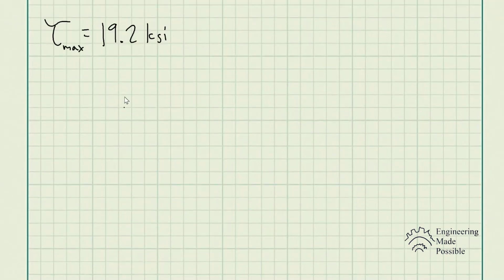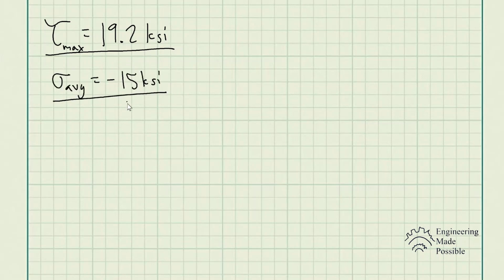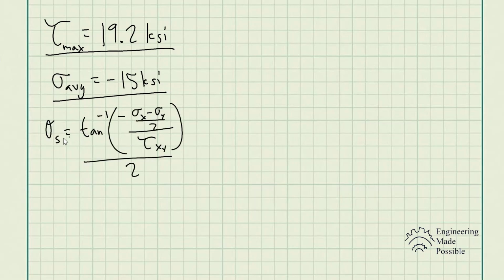Plugging in the variables for the maximum shear stress equation, we get the maximum shear stress being 19.2 ksi, and the average normal stress being negative 15 ksi. Now for the angle where this shear stress is developed, we have this whole equation here. Once plugging in all the values, we end up getting negative 25.7 degrees.